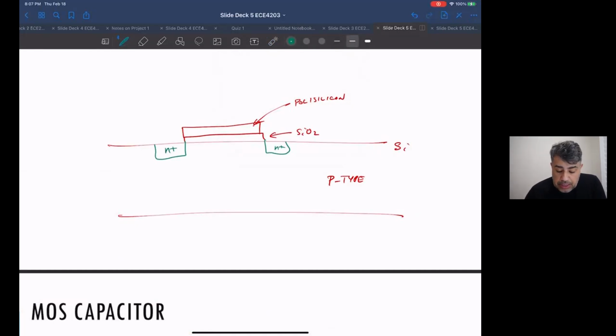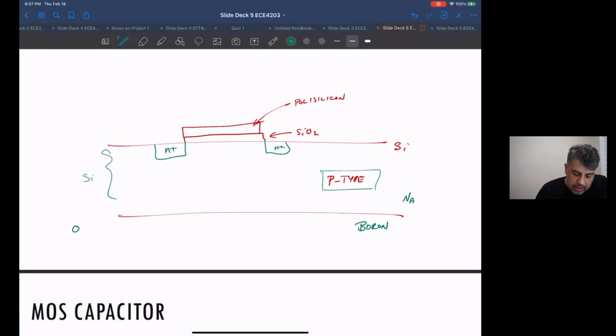Okay, so a P-type silicon has what's called acceptors. So it's got a lot of acceptor atoms added into the silicon. Acceptors are usually boron. If this was pure silicon, a silicon atom has 4 valence electrons.